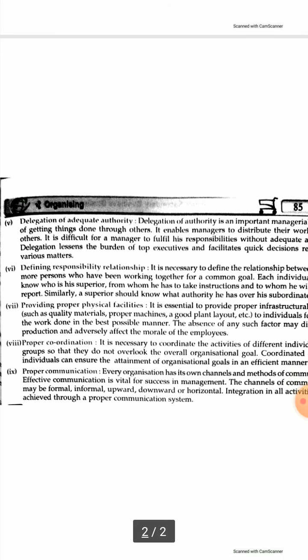So, delegation of adequate authority may be done, and defining responsibility relationships. It should also be clearly laid down what kind of deficiency will make anybody responsible in any work. Like if quality is not coming out according to the standards, then the quality manager may be held responsible.